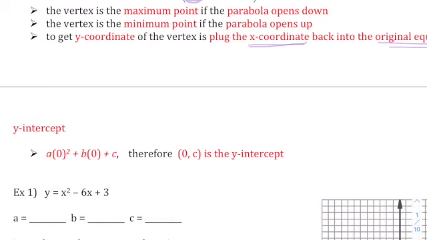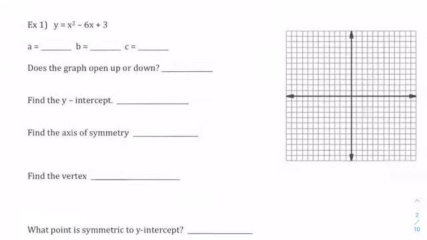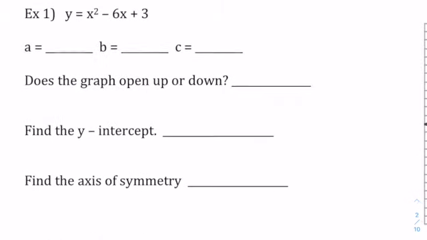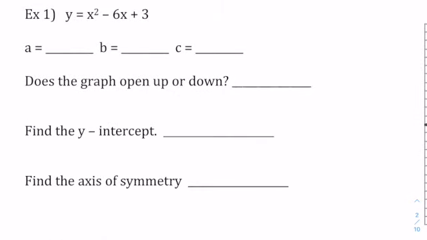So the last number in your equation, the c, is your y-intercept. The c could be in a different position as long as it doesn't have the x. Now let's do the very first example, and then we can go on and do different things. First, I want you to name the a, b, and c. A is the number in front of the x squared. In this case, it's 1.